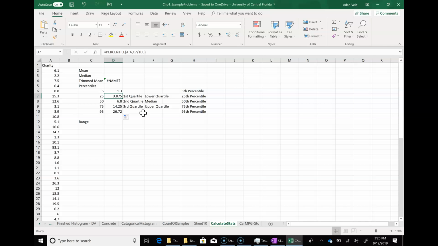Okay. If we want to see what the 5% is, 5th percentile, right? That's 1.3%. So 5% of charities spend 1.3% of their expenditures on fundraising or less. Okay?